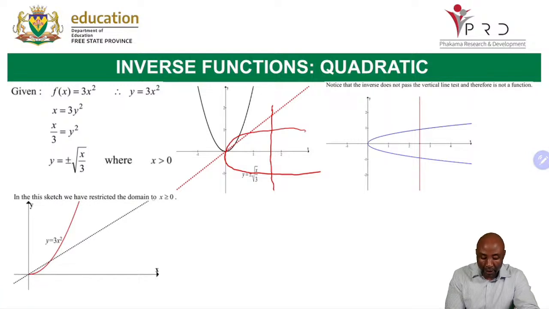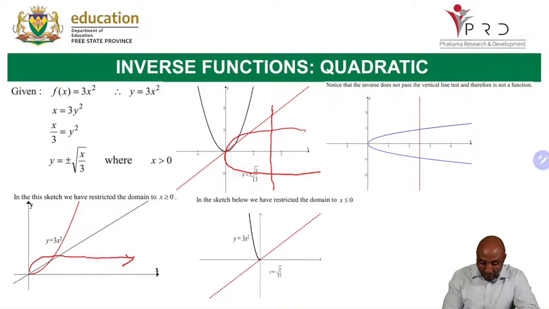Here we are saying x is greater than or equal to 0, and we know that our inverse would look something like that. And then if we restrict the domain to x less than or equal to 0, we know that the inverse would look something like this.